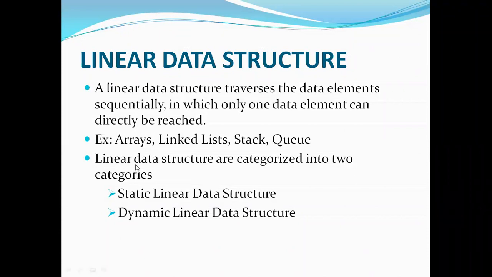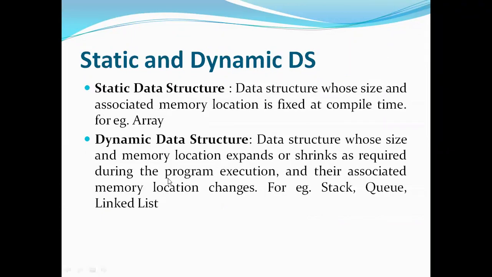A linear data structure can be categorized into two categories, that is static and dynamic. So what is static? A static data structure is one whose size and memory location are fixed during compilation time. So we cannot change the size of the data structure, nor can we increase or decrease the memory of that particular data structure. We call it static.